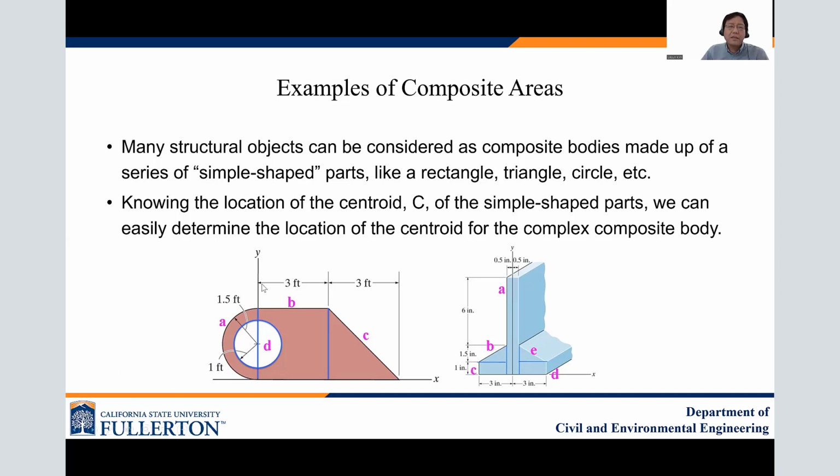In this case, A is the semicircle, D is the circle, B is the square, and C is a triangle. In this kind of structural shape, A is a rectangle, B and E are triangles, C and D are rectangles.